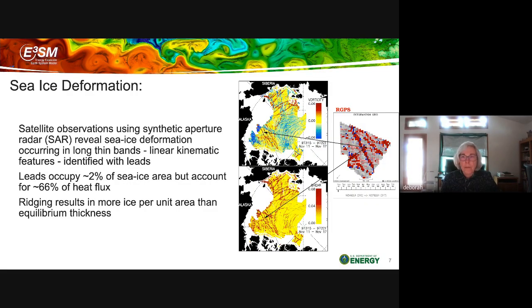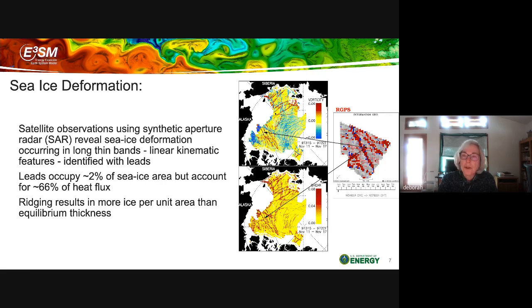And what's done is that the retrievals from the satellite are put down in an image. A mesh is laid over top of it, and then the nodes in this mesh are followed in subsequent passes of the satellite. And so you can look at how the nodes move and then calculate deformation. And you can then look at things like vorticity and shear and divergence.